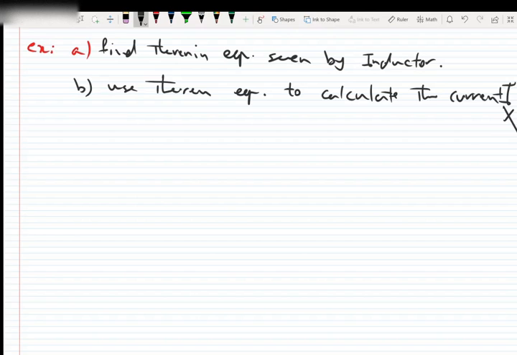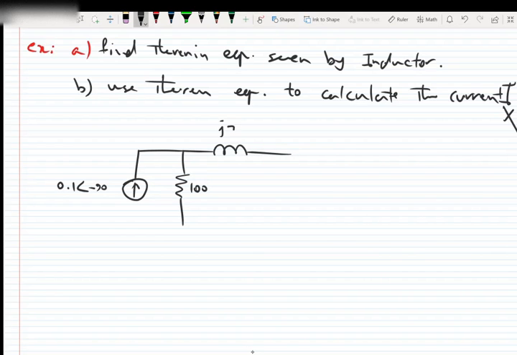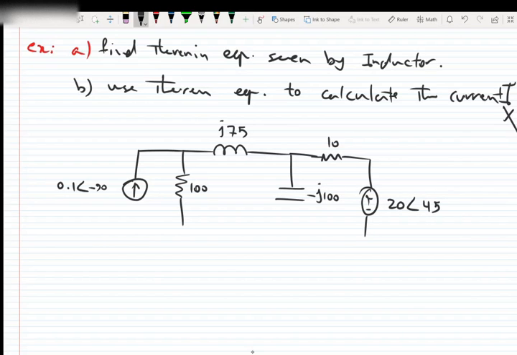The circuit is here. We have a current source with a value of 0.1 with the angle of negative 90, a 100 ohm resistor, a J75 ohm inductor, a negative J100 capacitor, a 10 ohm resistor, and of course the voltage source with a value of 20 with the angle of 45.